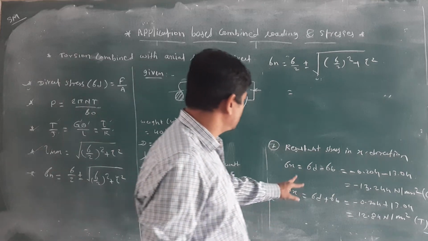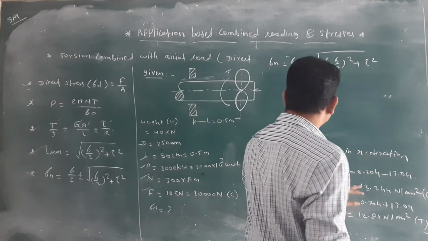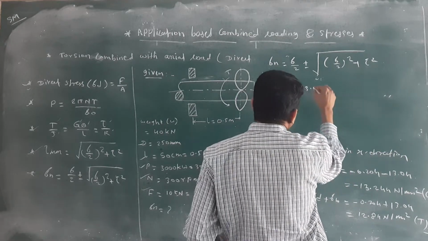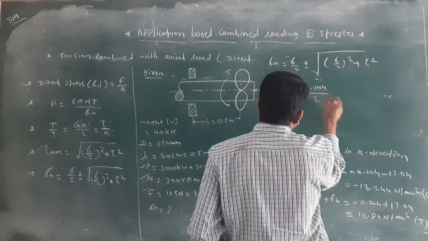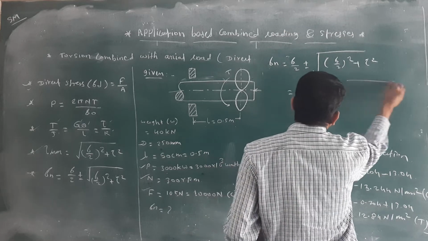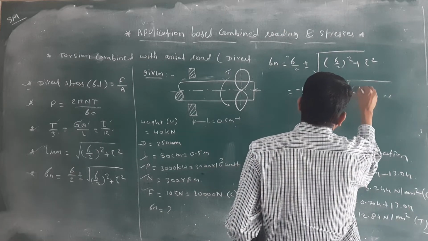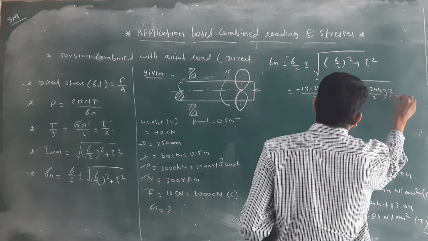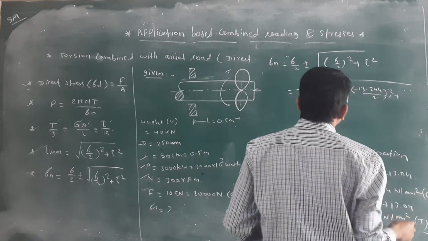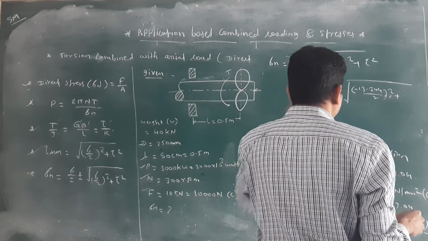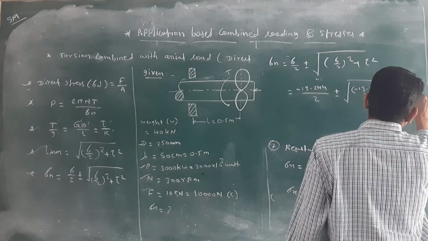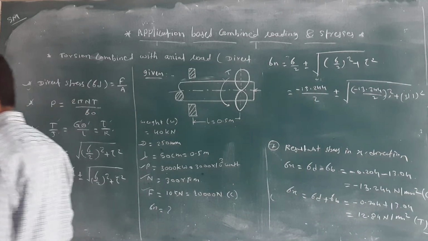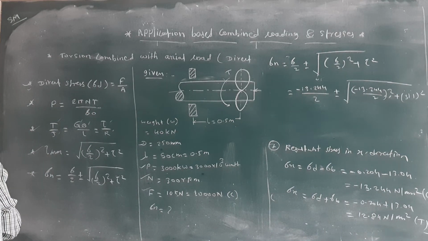First I will check this sigma x, the resultant stress minus 13.244 divided by 2 plus or minus root of 13.244 divided by 2 square plus tau square. We have calculated tau as 31.1. Yes, this value is correct.